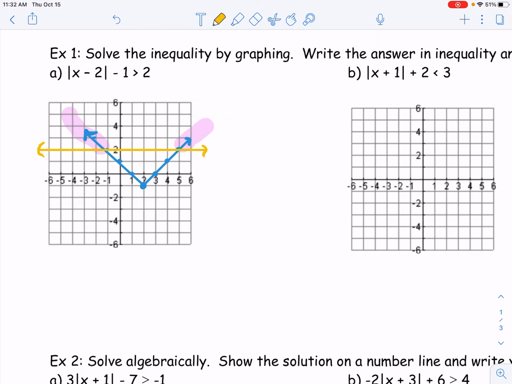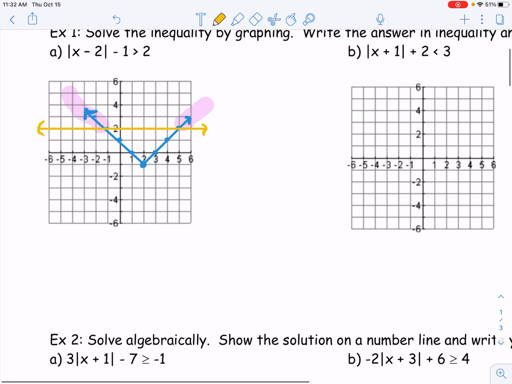If we had to write that in interval notation, we would be writing all those negative numbers, so negative infinity all the way up to negative 1, not including it because of my symbol. It's just greater than, not greater than or equal to. And I also see it from the number 5 all the way to infinity. So I have 2 separate areas where my absolute value graph is greater than 2. So this is what it's going to look like in interval notation.